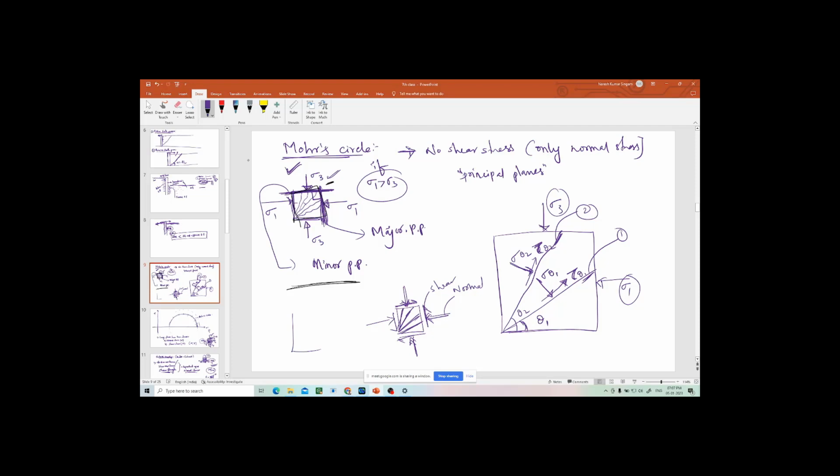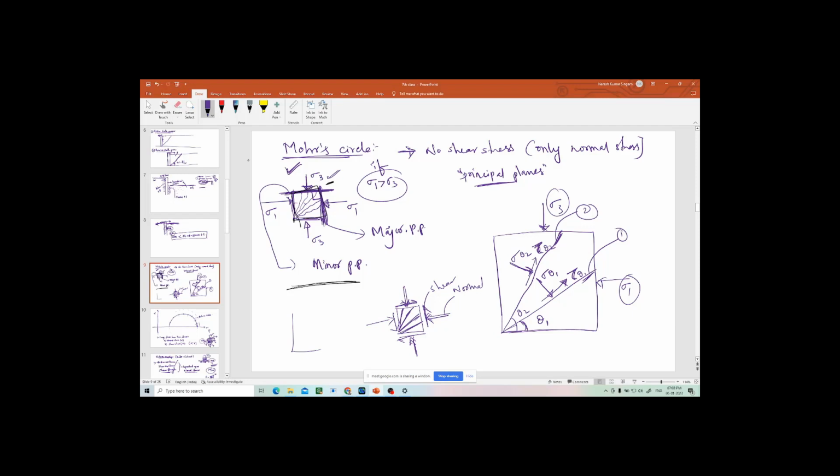If the shear stress is zero on a plane, those planes are called principal planes. No shear stress means principal planes, because they have only normal stresses. The normal stresses on the principal planes are called principal stresses.